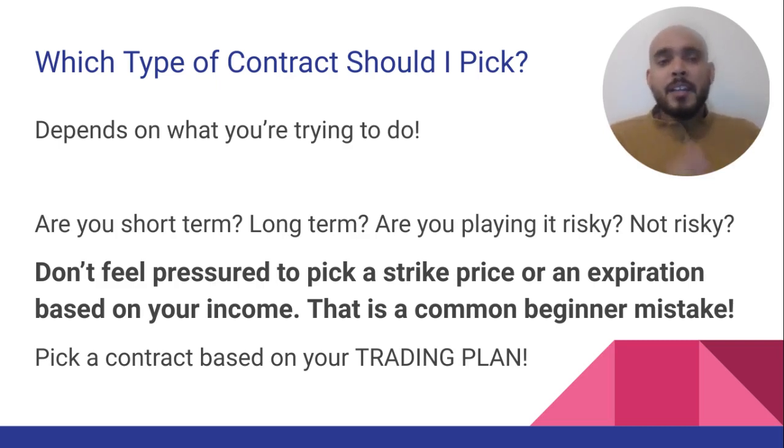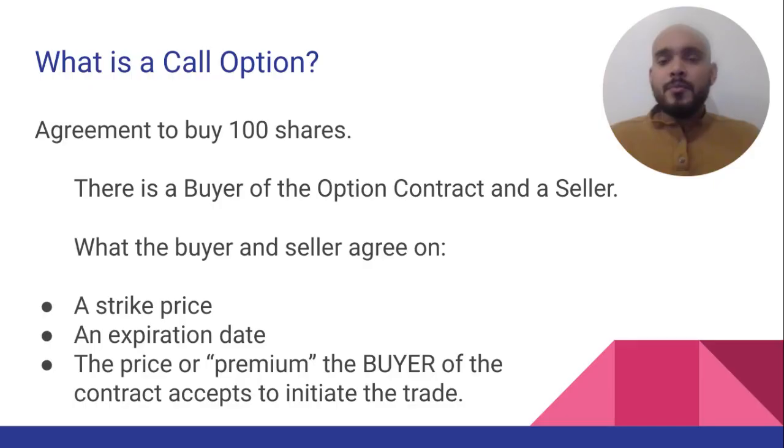I recommend buying a cheap call contract and just seeing how the money changes with time. It's not a linear relationship, and the value of the contract is very dependent on where the price of the stock is at expiration, because the terms of the contract, if we go back, are an agreement to buy 100 shares at a very specific price at a particular time for a predetermined premium that you've already paid.